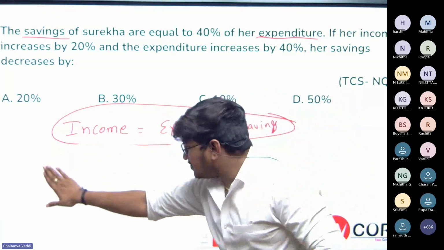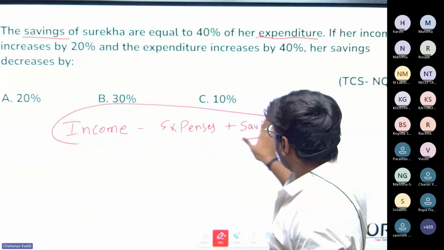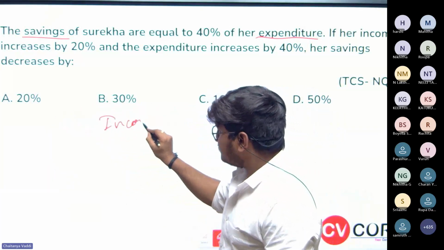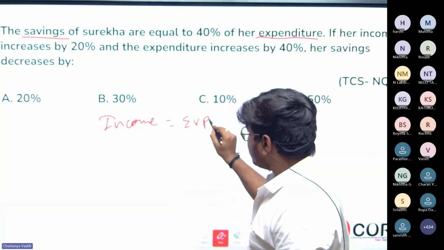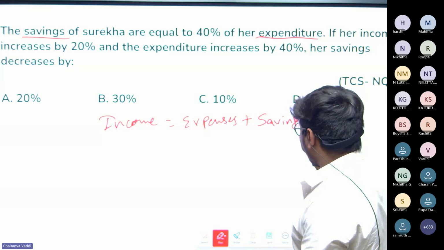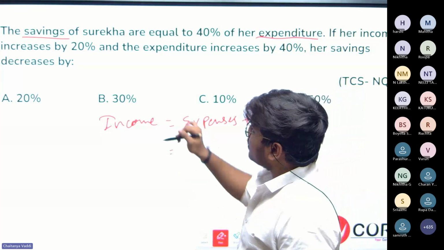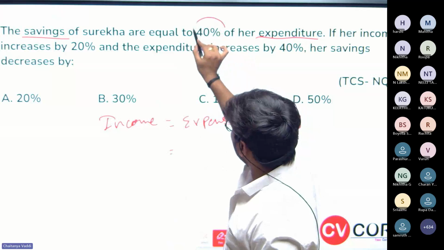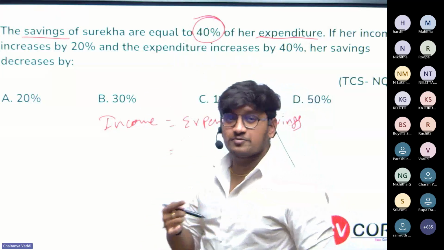Now let me explain how to solve it. We already know that income is equal to expenses plus savings. Now take the condition: the savings of Sureka are equal to 40% of her expenses.